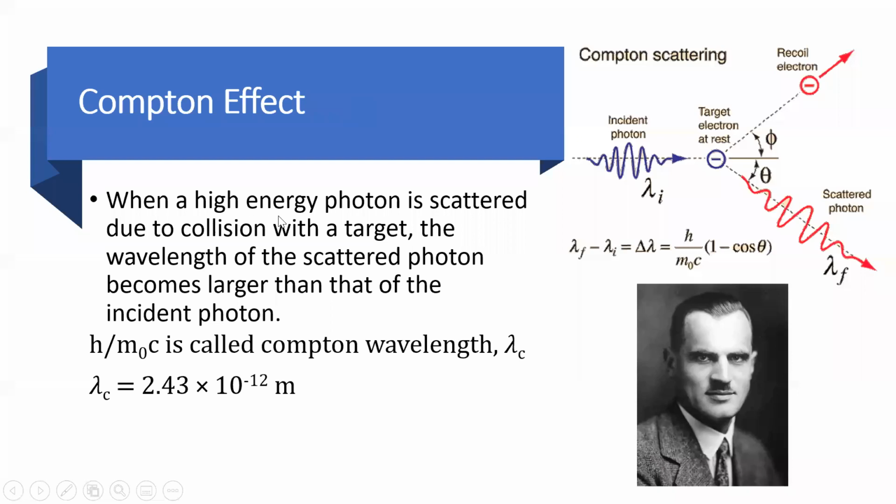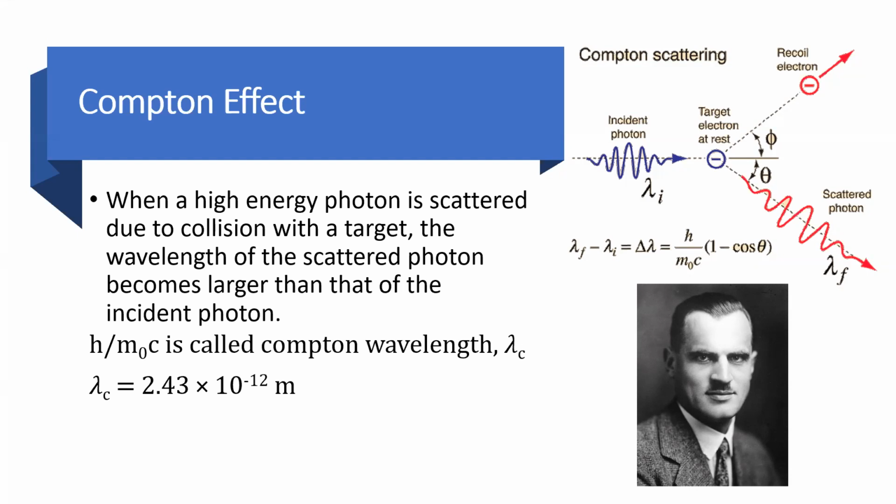When a high energy photon, not in the visible region, high energy means in the X-ray region. X-rays have more energy and more frequency than visible light, right? Sometimes you call the quanta of electromagnetic radiation a photon. It doesn't matter.